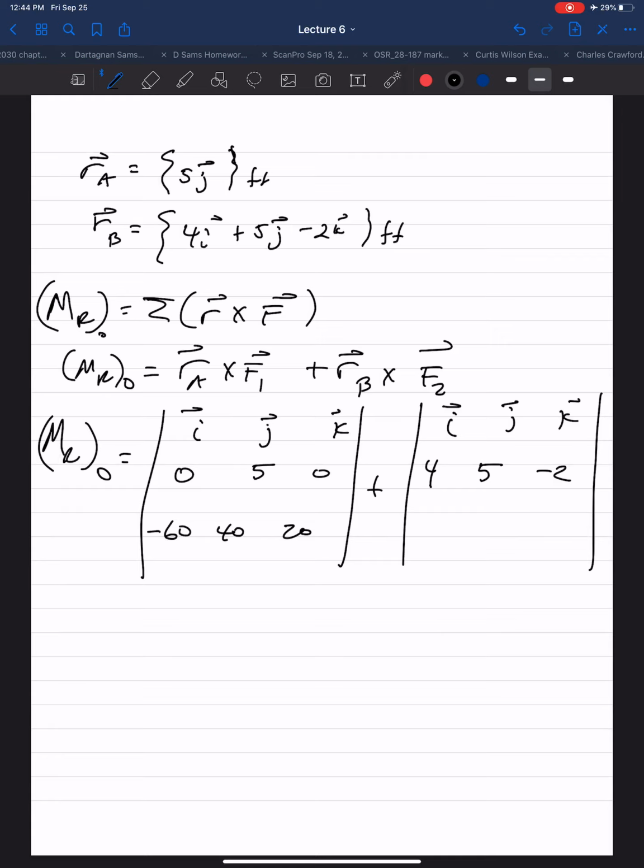And my F2 is 80, 40, negative 30. So the moments, you have to do it the same way. Let's do it on a clean page.